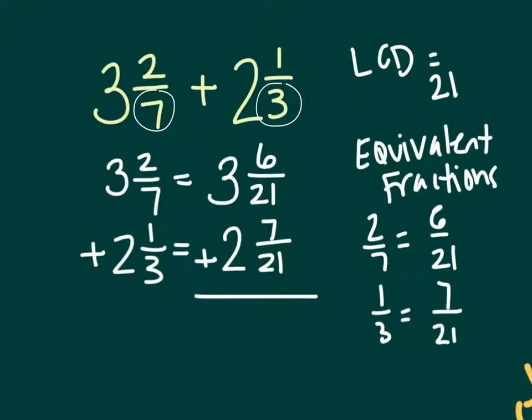So 2/7 becomes 6/21, as we can see right here. Remember, we multiply the numerator and the denominator by the same factor. And 1/3 becomes 7/21, because both 1 and 3 are multiplied by 7. So our new problem reads 3 and 6/21 plus 2 and 7/21.